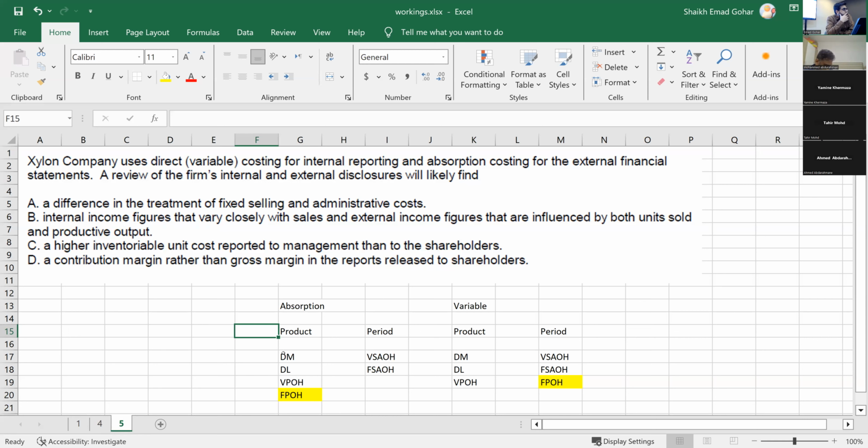Okay, right? Only one costing method takes selling and admin as part of the product cost. Which method?